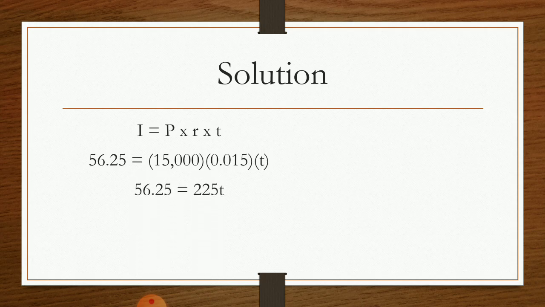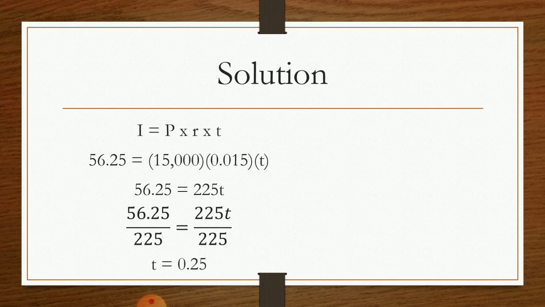Then 15,000 times 0.015 times T is equal to 225 T. Then divide both sides of the equation by 225. So T now is equal to 0.25. So what is asked is the time in months. And the time we calculated is 0.25 years.